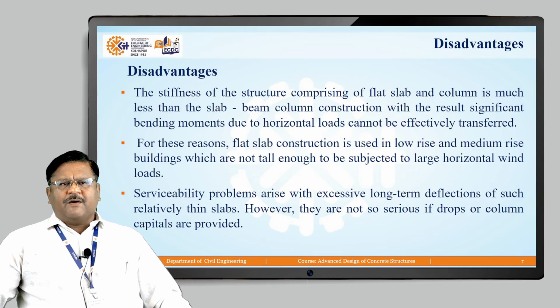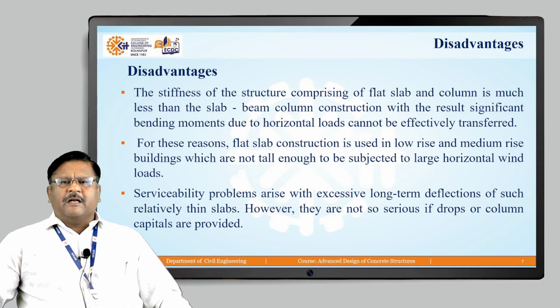Now what are the disadvantages of flat slabs? The stiffness of the structure comprising flat slab and column is much lesser than the slab beam column construction, with the result that significant bending moment due to horizontal load cannot be effectively transferred. Means in flat slab construction, unlike beam column design, the horizontal loads cannot be effectively transferred.